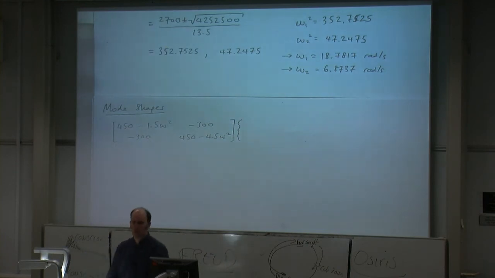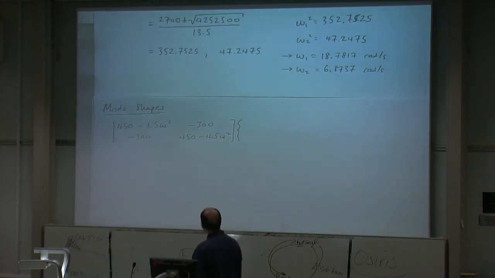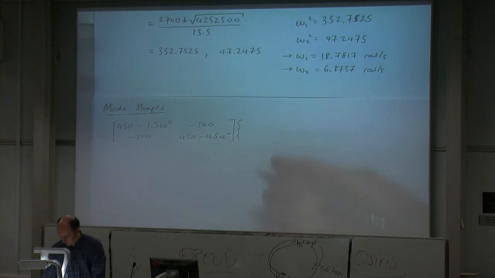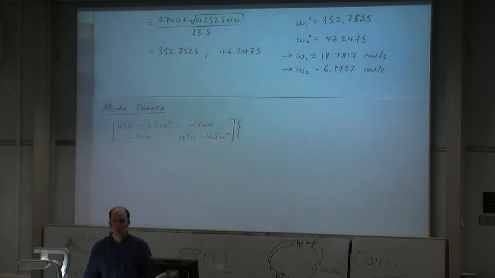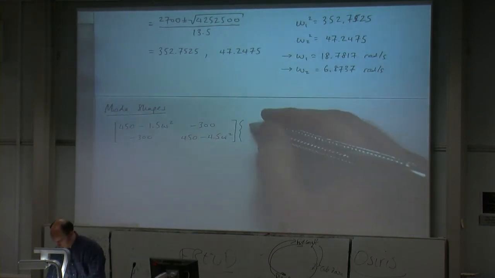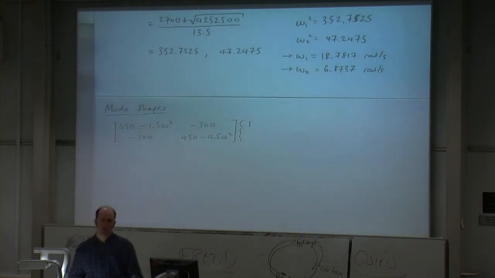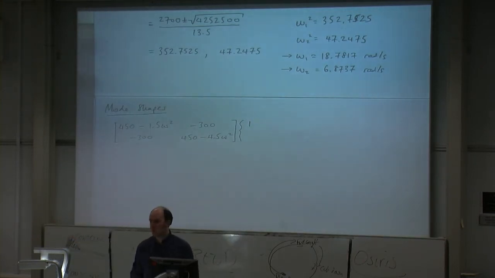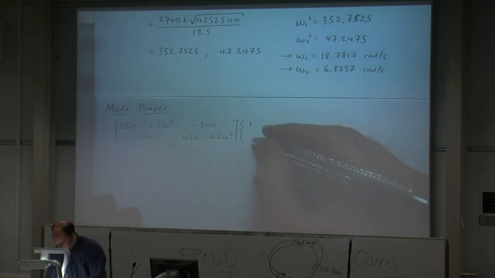So there's the mechanical impedance matrix. And then in the brackets, in this vector, I've divided both sides by x1. So the top one will be 1, and the bottom one is x2 over x1. Okay, and I'm going to call that R.